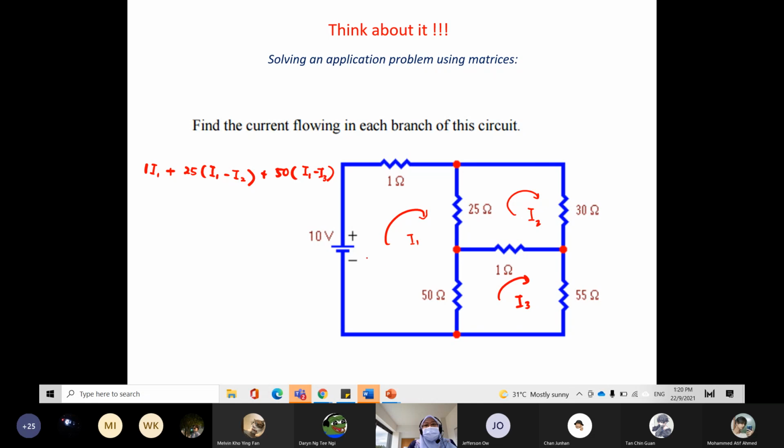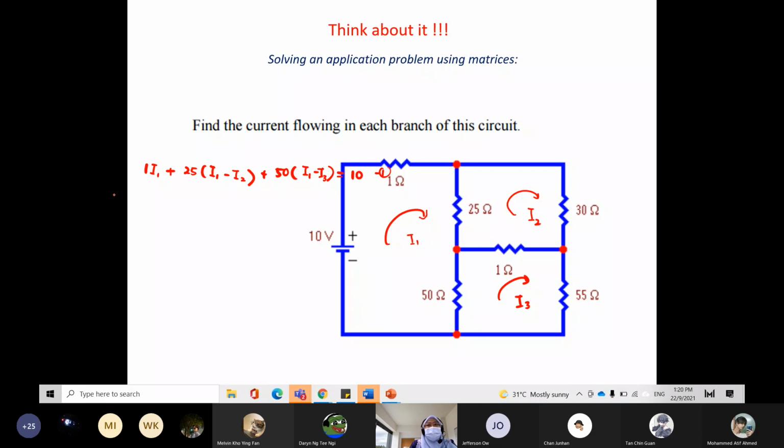Since in this first loop we have the voltage, it is equivalent to 10 volt here. So this is our equation number 1. Okay, so equation number 2.